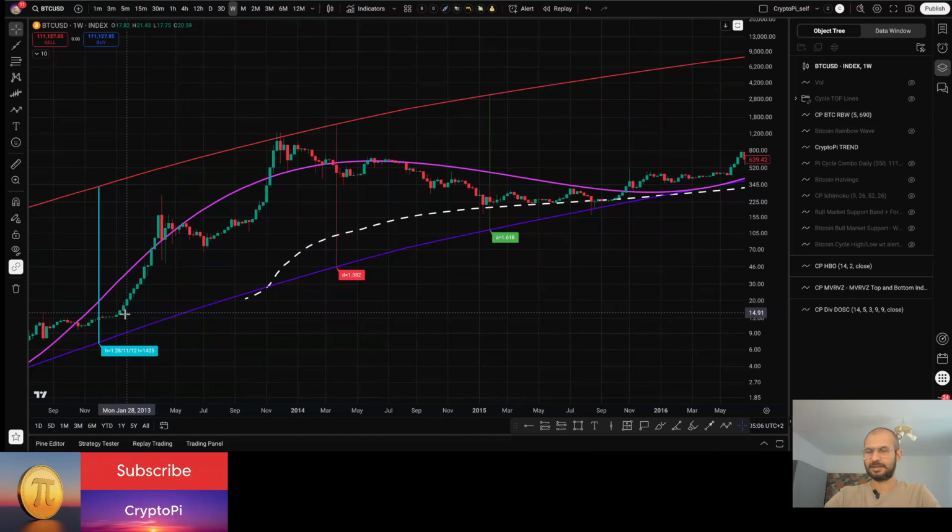What we see here is that after the halving, price usually goes under the purple wave, and before it reaches the cycle top, price crosses back above this wave.